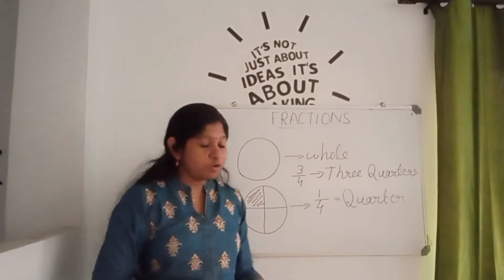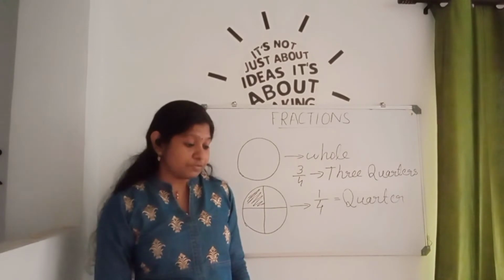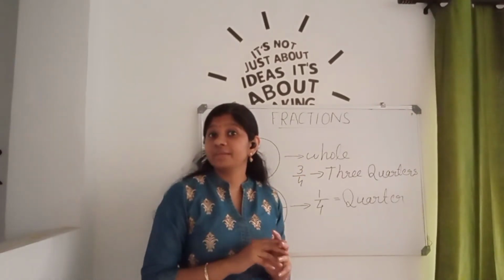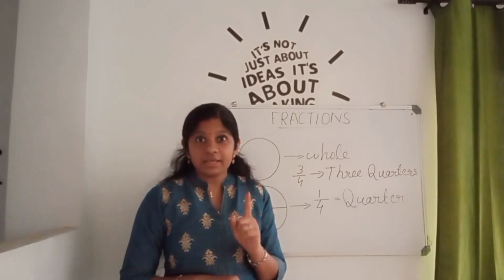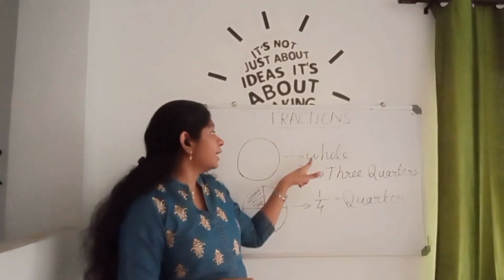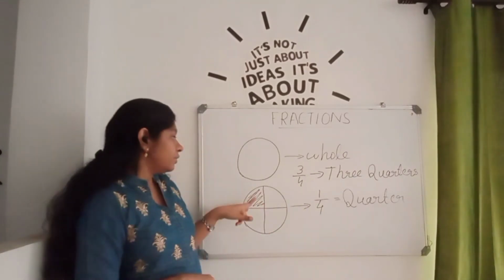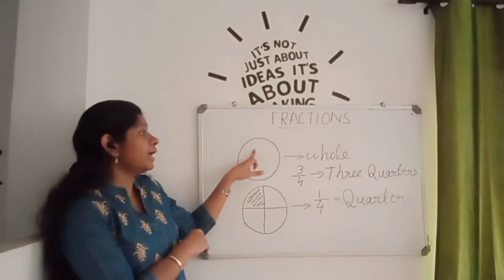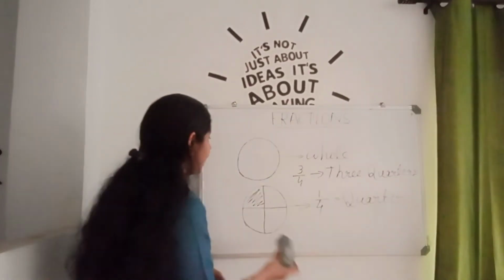So I hope all of you understood what fractions are. What could be the definition of a fraction? A fraction is parts of a whole. We have already taken parts, some parts from a whole. So what is a fraction?